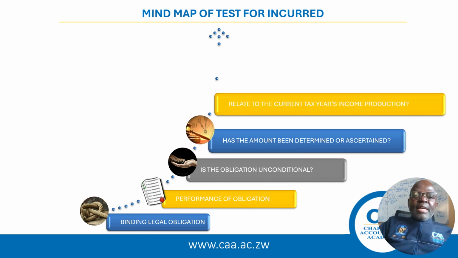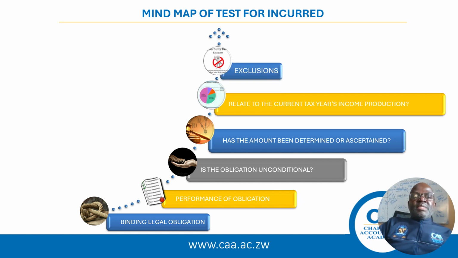And then, does it relate to the current tax year's income production? So section 15(2)(a) will then still look at which period the tomatoes were supplied in. If we agree today and the performance is going to happen next year, it then does not relate to this year of assessment.